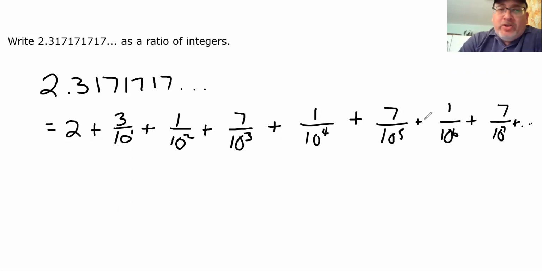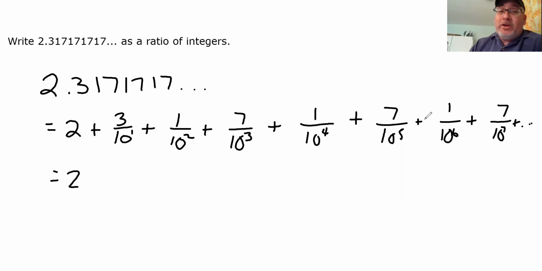All right, so if you'll notice the fractions of 1s and 7s, we could form a geometric series out of those. The two guys in the front, the 2 and the 3/10, I'm not worried about that. Let's rearrange these. Now, there are criteria under which you can rearrange an infinite series and preserve the sum. There are some instances where you can rearrange an infinite series and it changes the sum. We're not going to go into that depth.